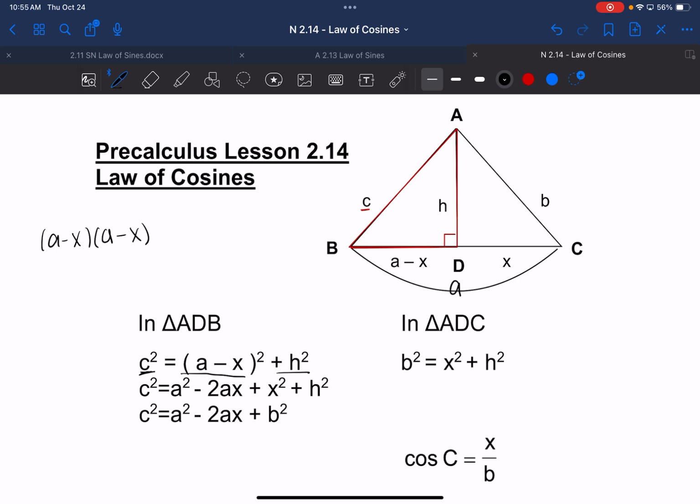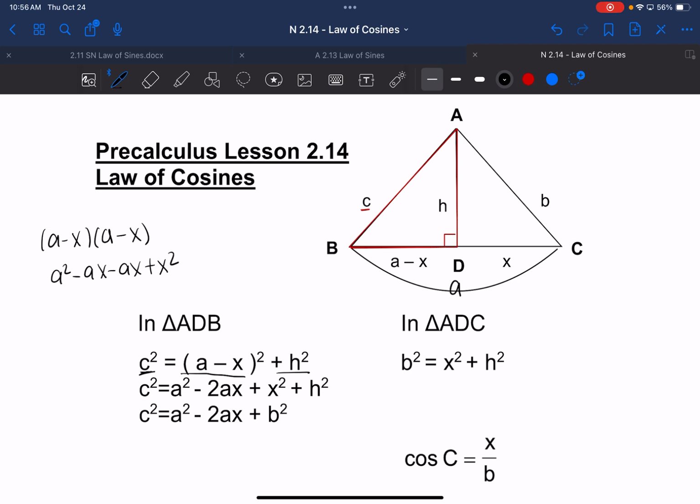All right, so what is A times A? A squared. Right. And what's A times negative X? Negative AX. Right. And negative X times A? Negative XA. And negative X times negative X? So, X squared. Right, because two negatives will make a positive, right? So this is what we would get if we were to square A minus X.